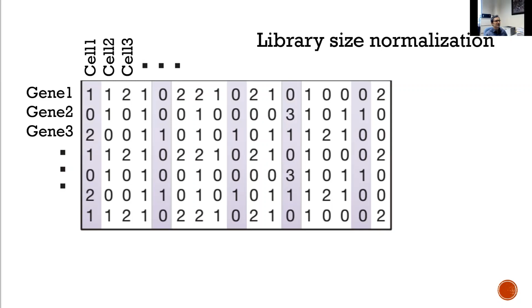You get rid of the genes that have very low expression, you get rid of cells that have very low expression, and you obtain a filtered UMI matrix, an example like this. Then you may want to follow the routine called library size normalization. I would say this is a very naive approach.